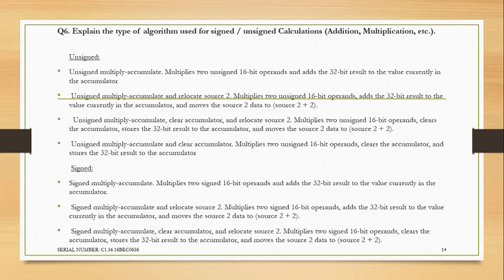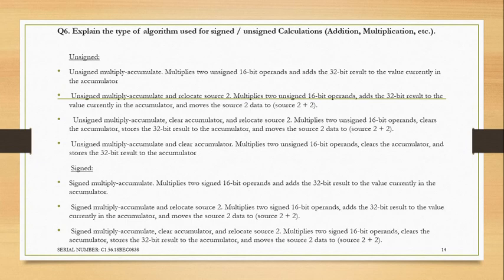Type of algorithm used for signed and unsigned calculations. Unsigned multiply accumulate: multiplies two unsigned 16-bit operands and adds the 32-bit result to the value currently in the accumulator. Unsigned multiply accumulate and reallocate source 2: source 2 means the location. Multiplies two unsigned 16-bit operands, adds the 32-bit result to the value currently in the accumulator, and moves to the source 2 data, which means source 2 plus 2.